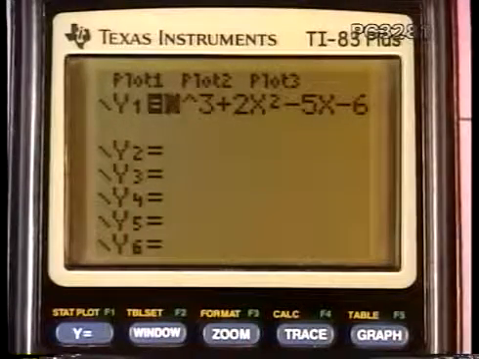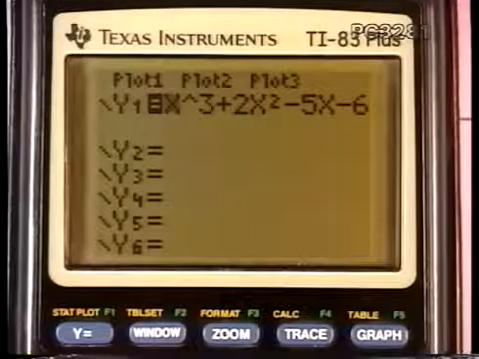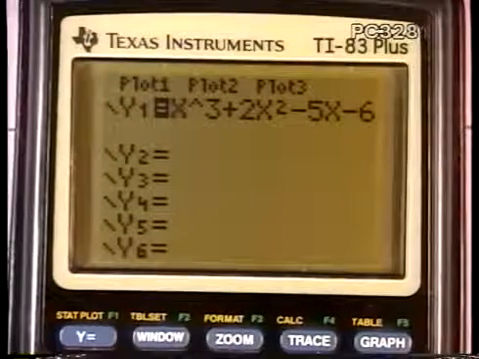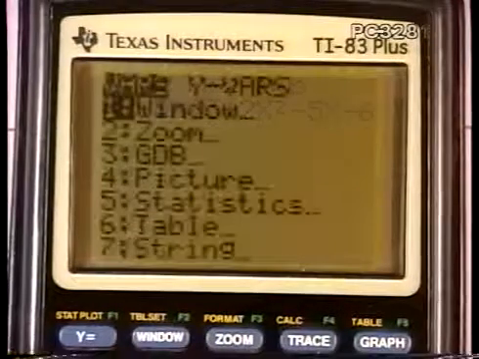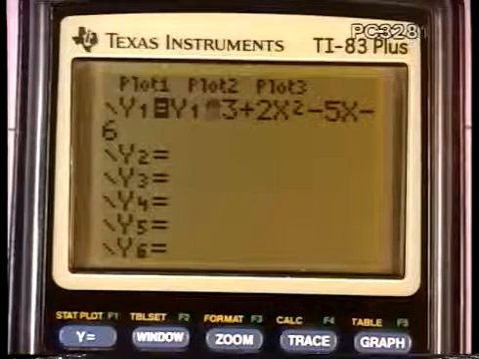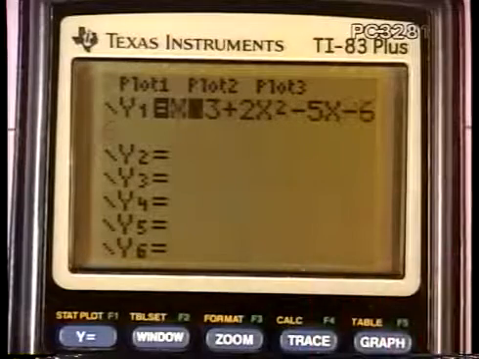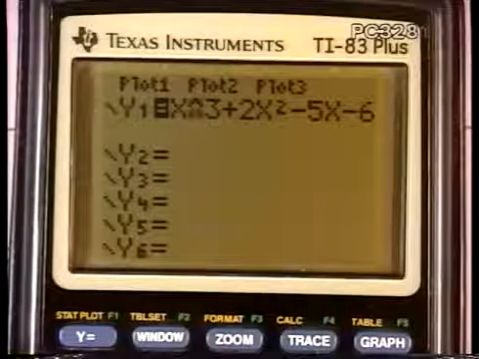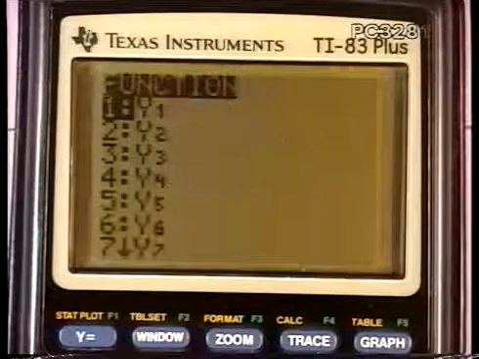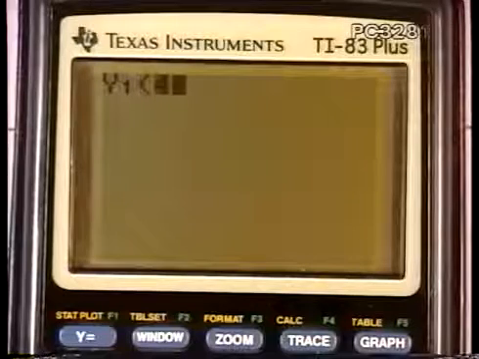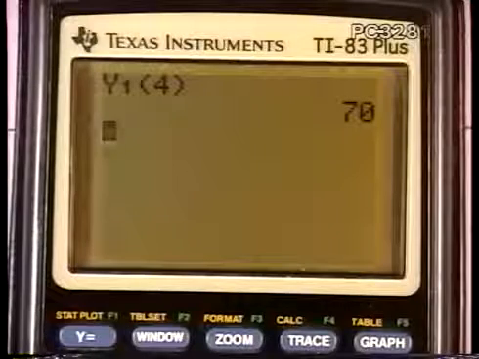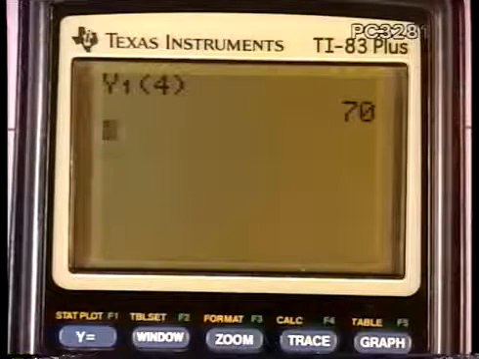What the remainder theorem tells us is, if I evaluate that for 4, let's say, and I'll go to my vars menu to do that. So if I go to my vars menu, and if I evaluate that function for 4, I get 70. That's going to be my remainder if I divide by x minus 4. That's what the remainder theorem tells us.